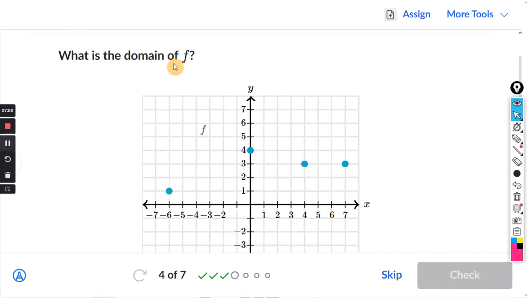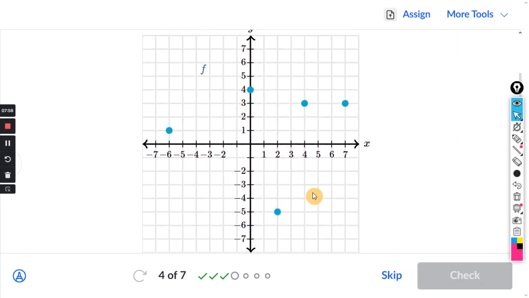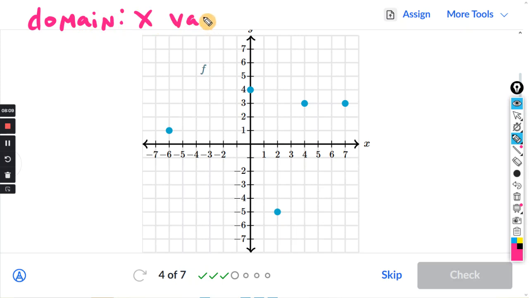All right, what is the domain of f? So here is the function f, and as you can see, once again, this is not continuous. We are looking for the domain, which is the x values. So just the individual values. Here is the x-axis. Your first point is right here at -6. And this point here is at x equals 0.